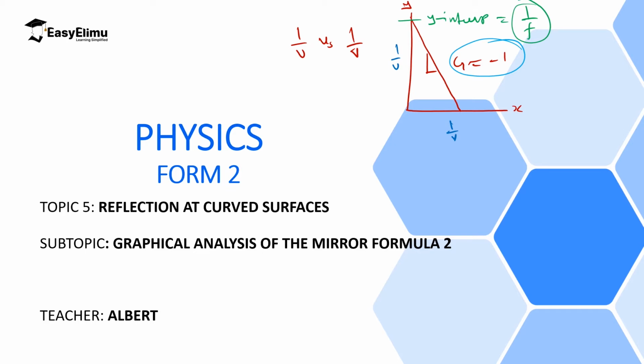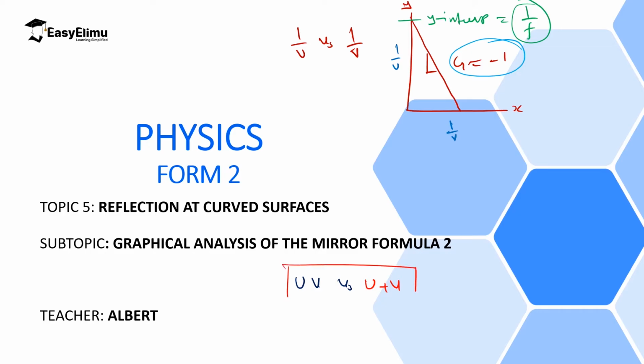Now, in this lesson, we are going to discuss another graph from the mirror formula, that is a graph of uv, that is the object distance times the image distance, against u plus v.